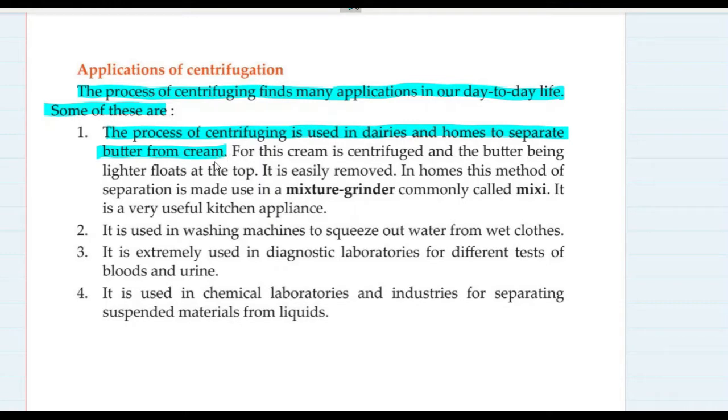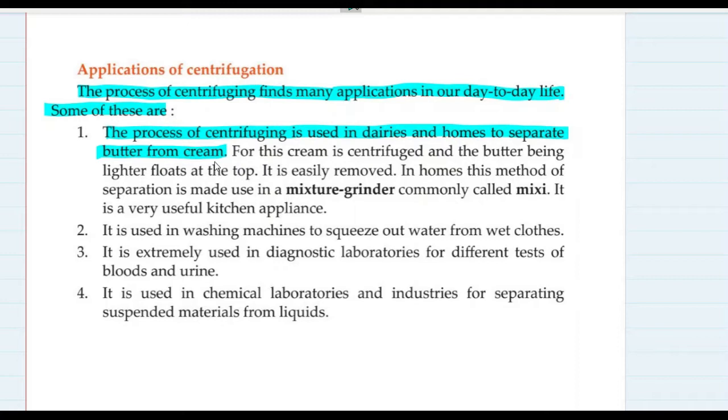I don't know how many of you have family members who make butter from cream. Ghee, the desi ghee we consume, is obtained from cream, and the cream is obtained from milk.